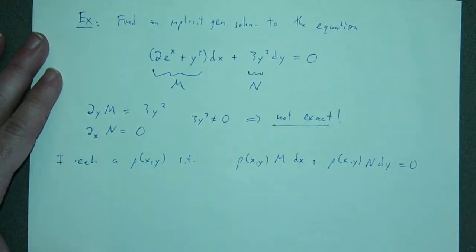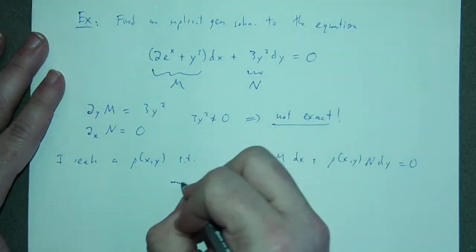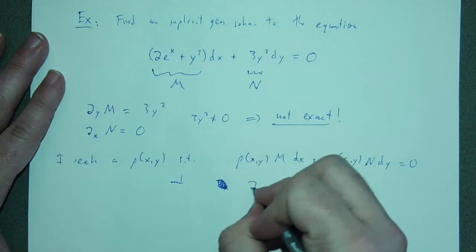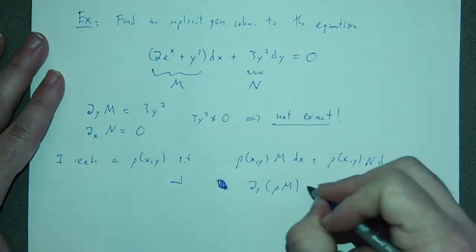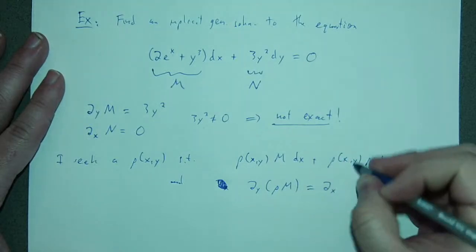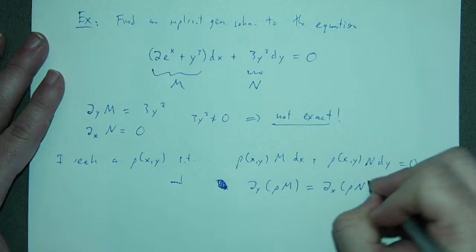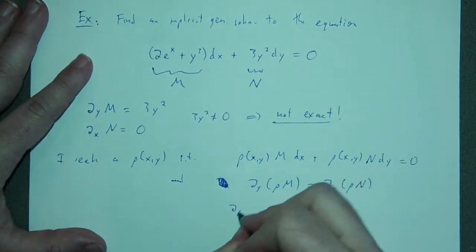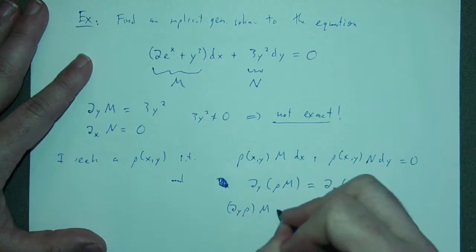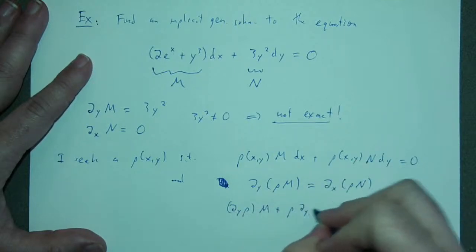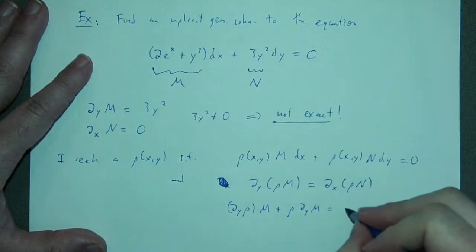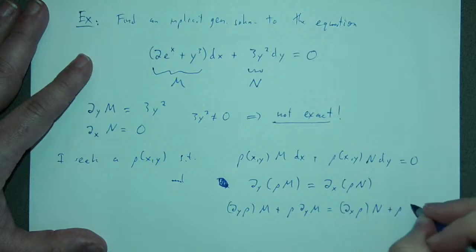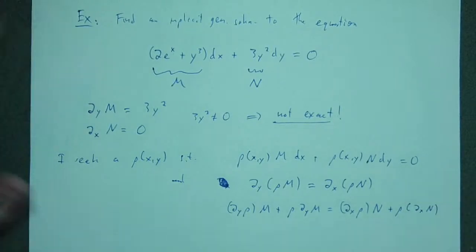Well, that's the easy part, I've just multiplied this equation, and the y partial of rho M is equal to the x partial of rho N. Just writing out what this is again: the y partial of rho times M plus rho times the y partial of M is equal to the x partial of rho times N plus rho times the x partial of N.